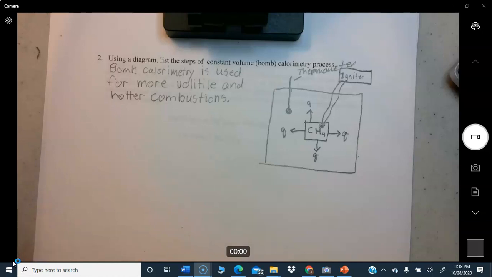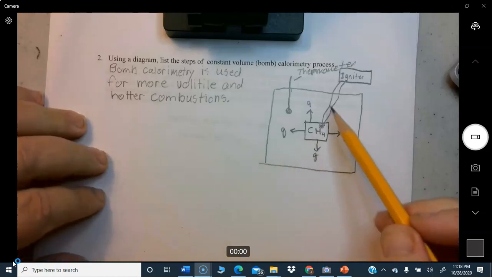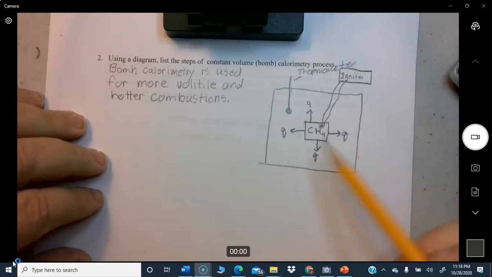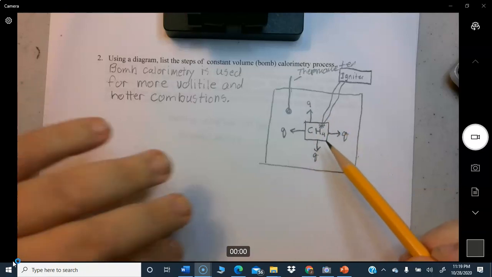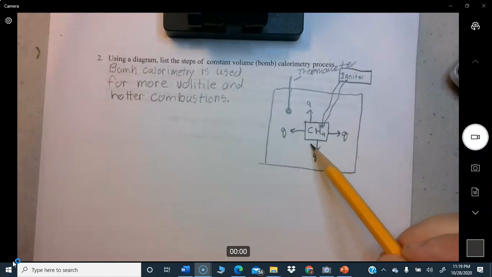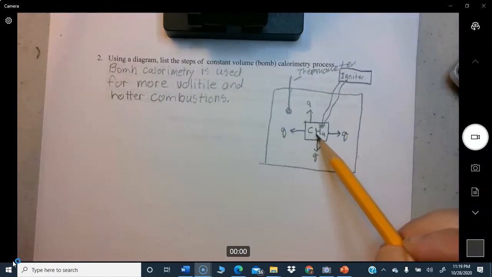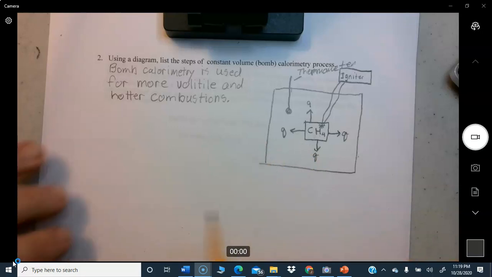Before, the system was the water and the sodium hydroxide mixed. The system was the reaction, I'm sorry. So the system is going to be the same here. It's the reaction, the burning of the CH4, the combustion of the CH4. That's what we're really studying here.